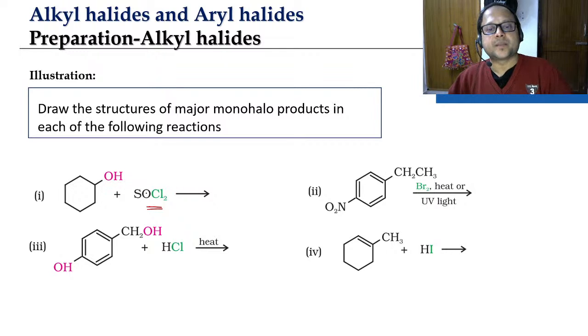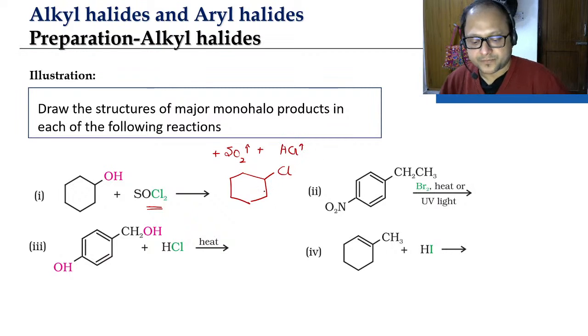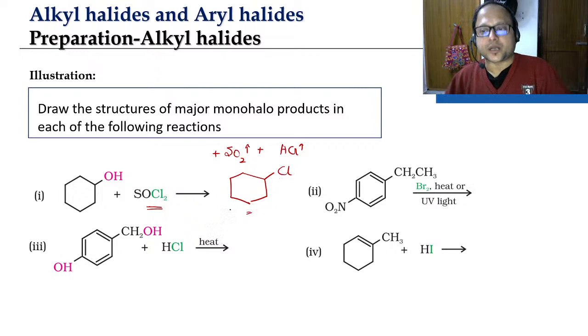This OH will be replaced by Cl from here. Agreed? And along with that you are going to have sulfur dioxide which will escape, and you are also going to have gaseous HCl which will also escape, right guys? So this is going to be your main product.